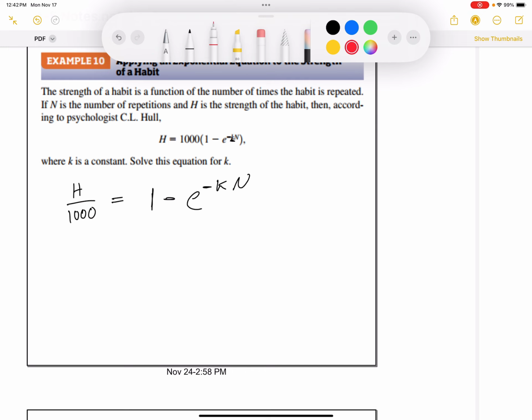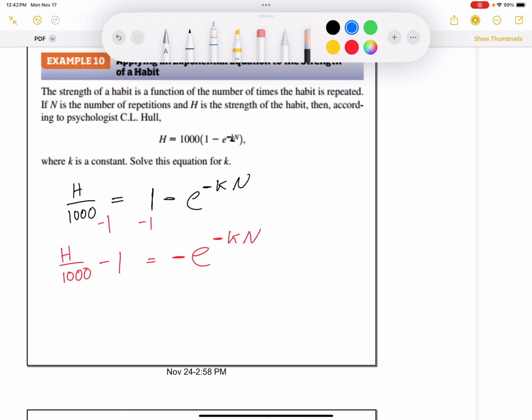Then we can subtract 1. So that's h over 1,000 minus 1 is equal to negative e to the negative k n.